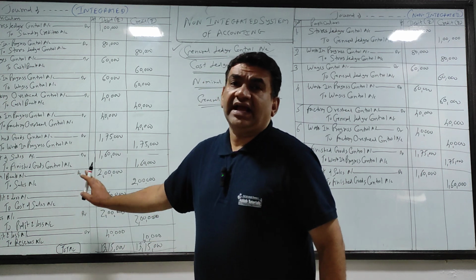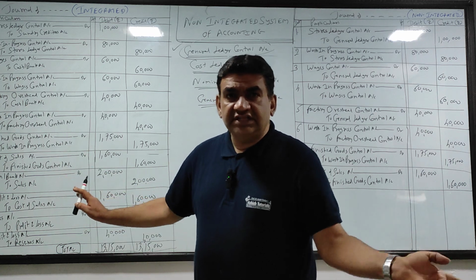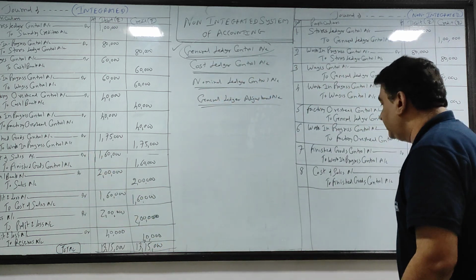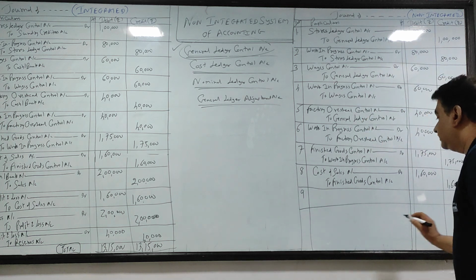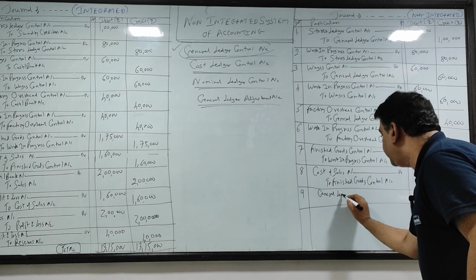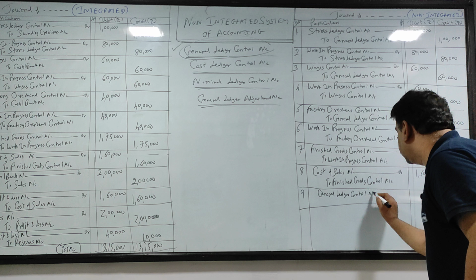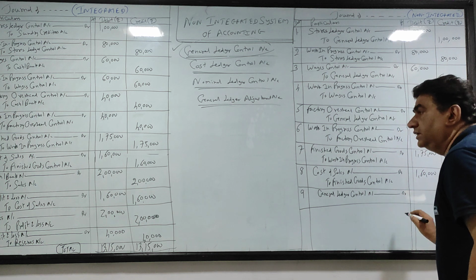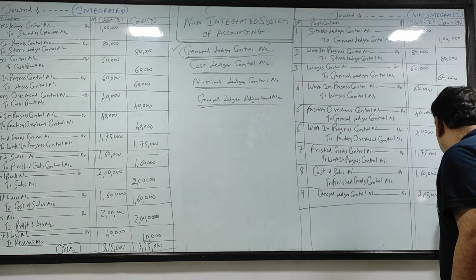Now whether you debit cash bank here or you debit debtors, ultimately it's GLC. So let me first do the debit part. So instead of cash bank, the first thing I will do is debit general ledger control account, that is the amount of sales, 2 lakhs.